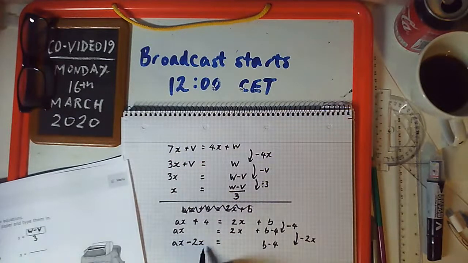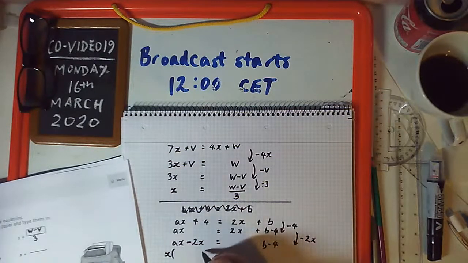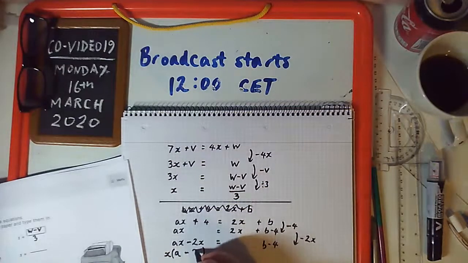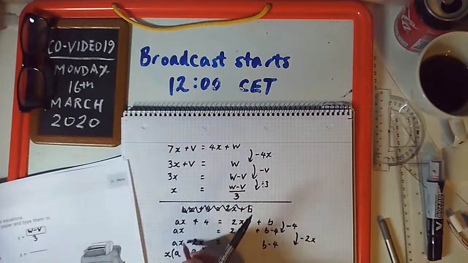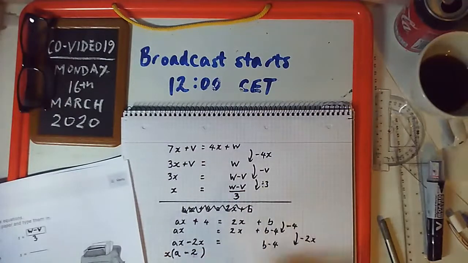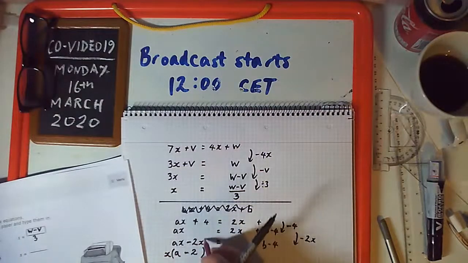Ax minus 2x, both of those things have an x in them. So I can write that as x multiplied by brackets a minus 2, because if you multiply these brackets out, x times a gives you the ax, and x times minus 2 gives you the minus 2x.